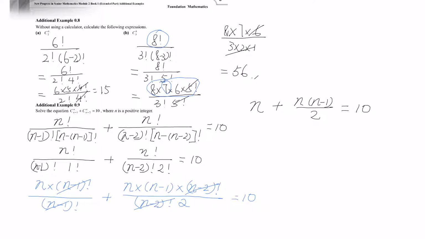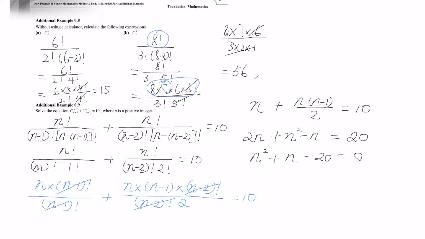Then we rewrite and simplify. Multiply the whole equation by 2 to get n plus n squared minus n equals 20. Then we have n squared minus 20 equals 0, which is a quadratic equation.